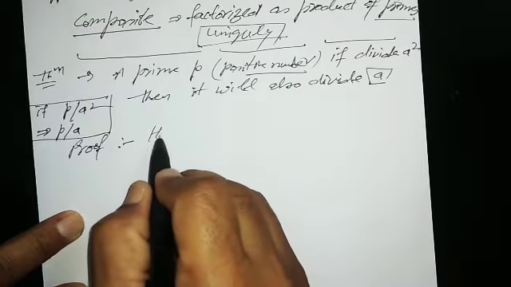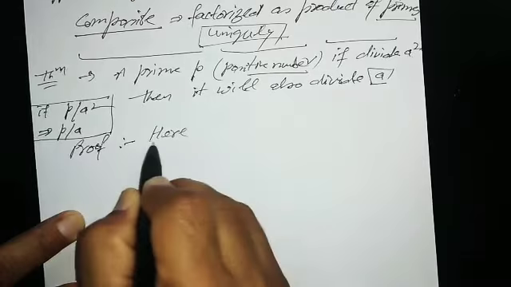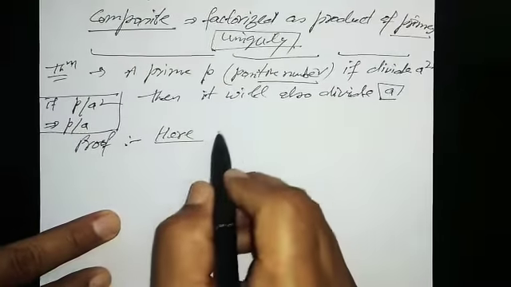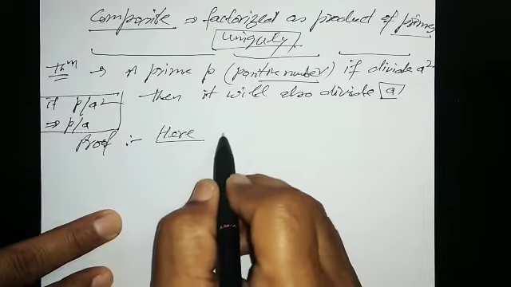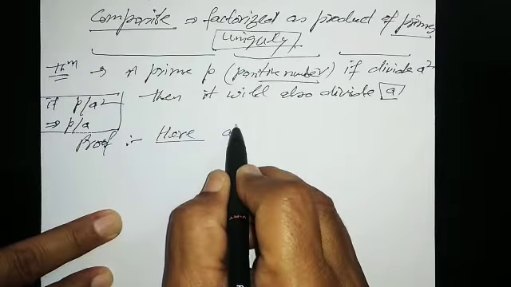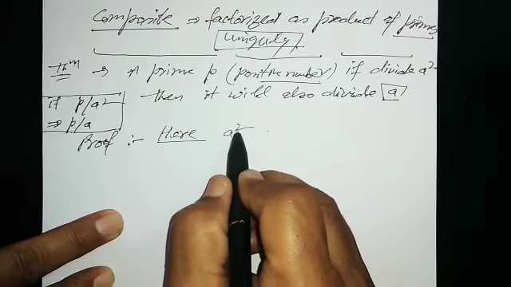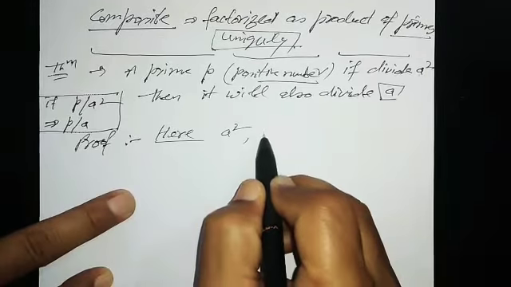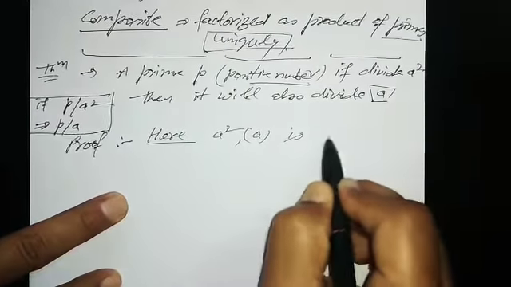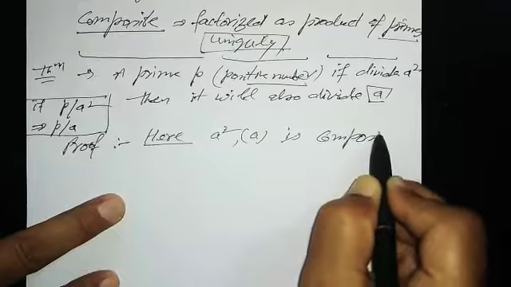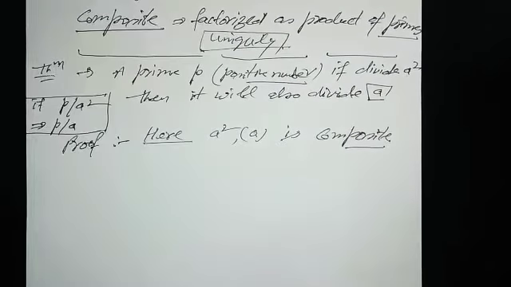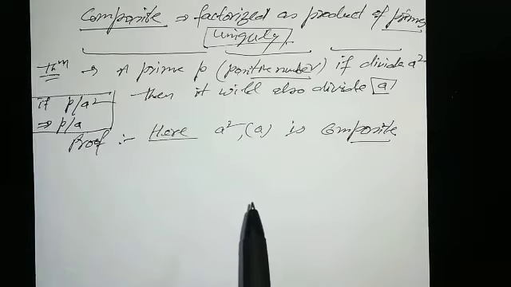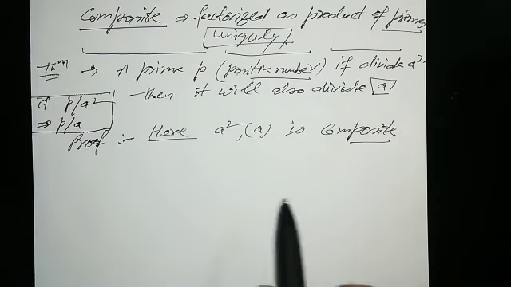Here, without loss of generality, means in a natural way, you can say a square is a composite number. Not prime, right? Why composite? Because it is divisible by a prime which is other than itself, right?